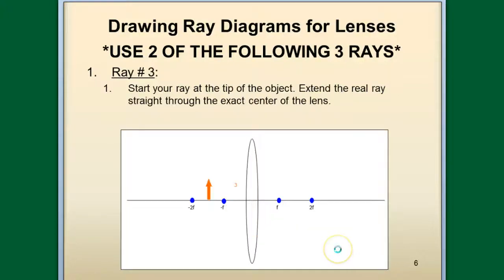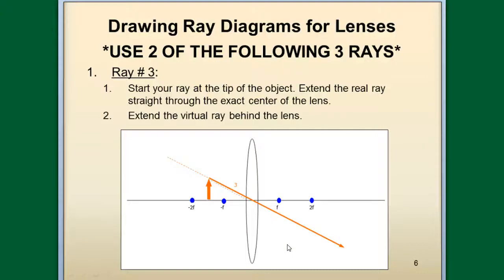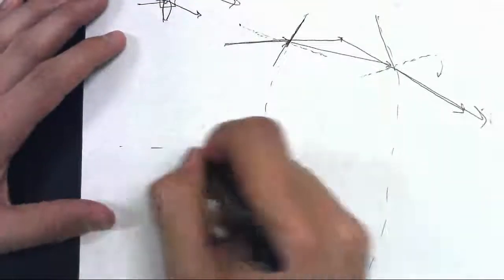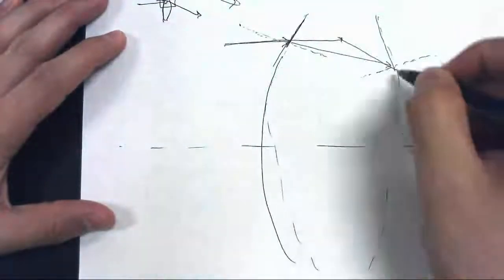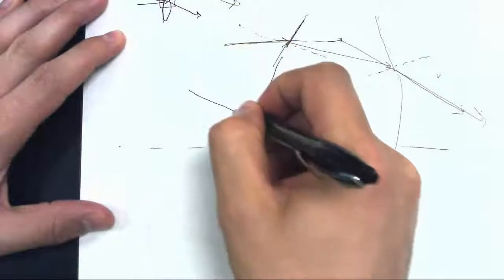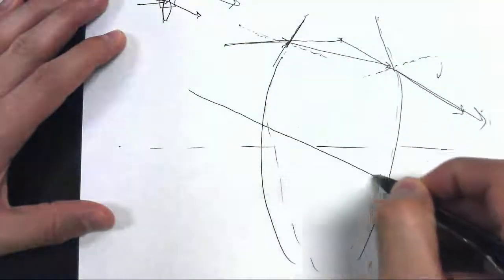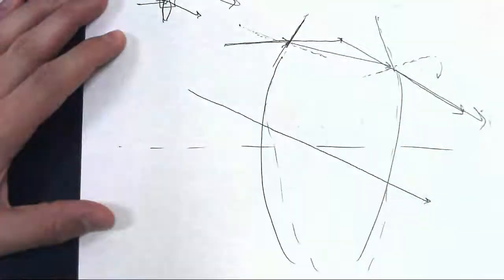Ray number 3 is really simple now. Ray number 3 goes right through the middle of the lens, and it actually is a refracted ray. That may look kind of strange to you, so we are going to put a virtual ray back here beside it. Let me explain what's going on with ray number 3. What is happening is we're getting a ray of light that's coming into the lens above the principal axis, and it's leaving the lens below the principal axis.